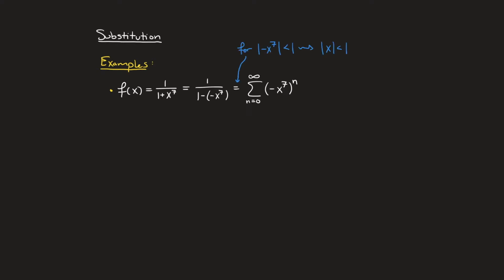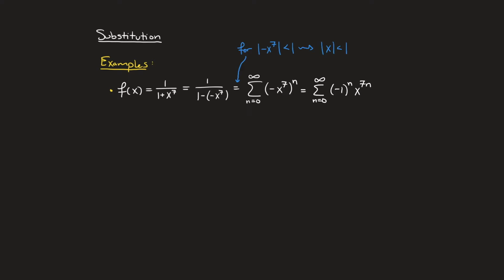And this representation is valid when the absolute value of minus x to the 7th is less than 1, which is the same thing as saying that the absolute value of x is less than 1. Finally, we can simplify this to get the sum of minus 1 to the n times x to the 7n. And that's how substitution is going to work in general.